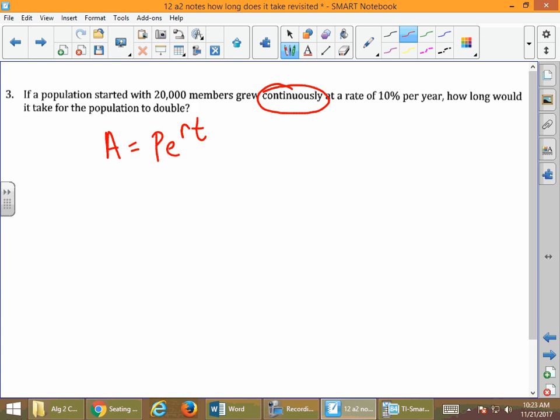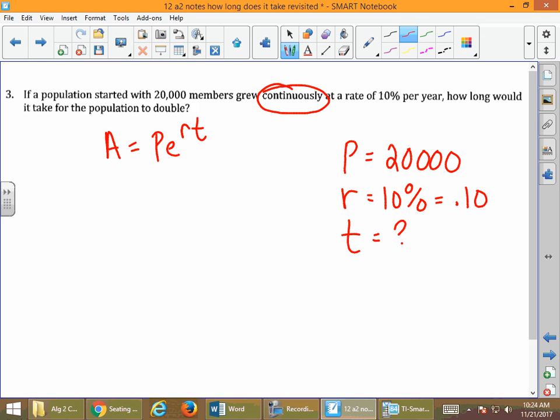So, very similar to example number 1. Let's write down what we know, starting with the fact that our initial amount is 20,000. Our rate is 10%, and we need to convert that 10% to a decimal, which is going to be 0.1, 0.10 if you prefer. How long would it take?